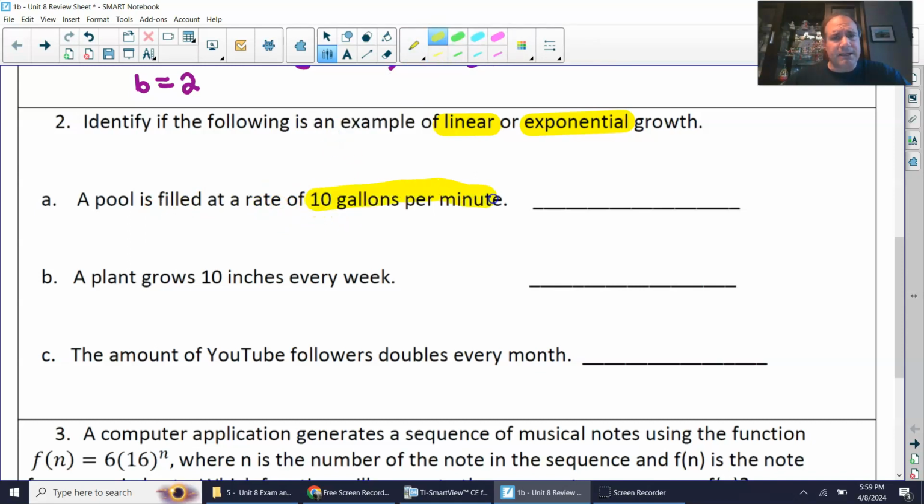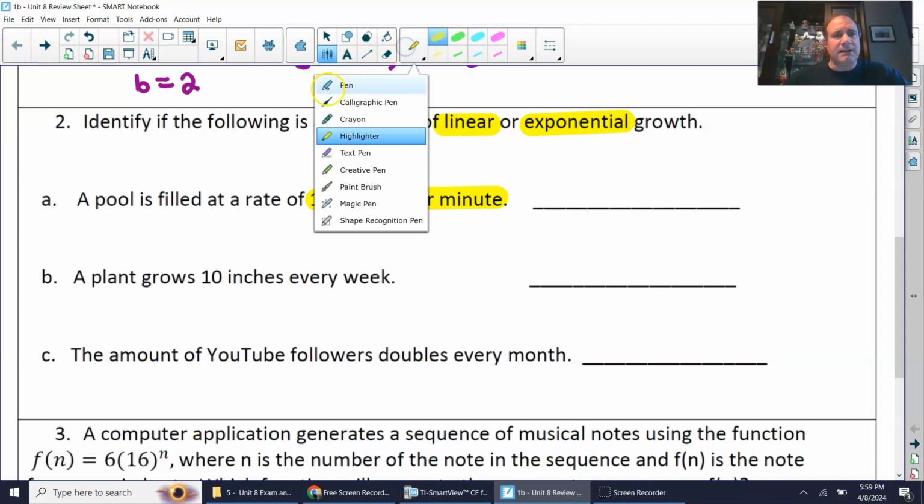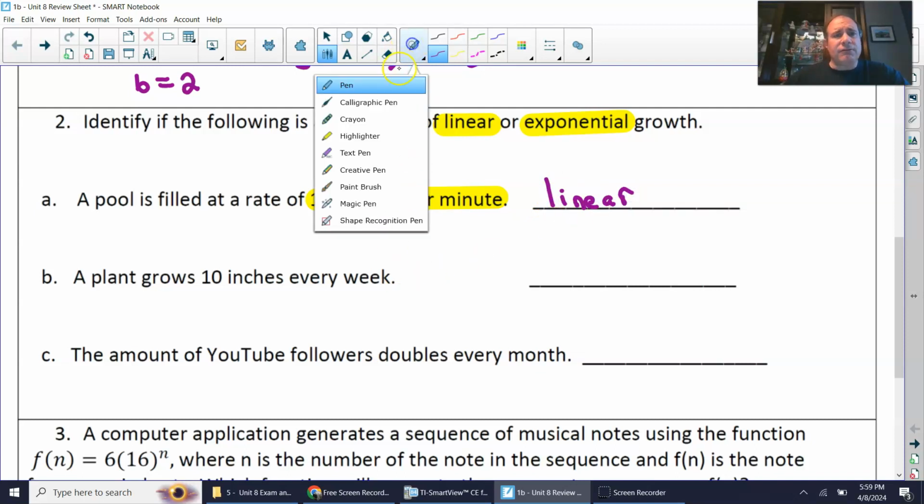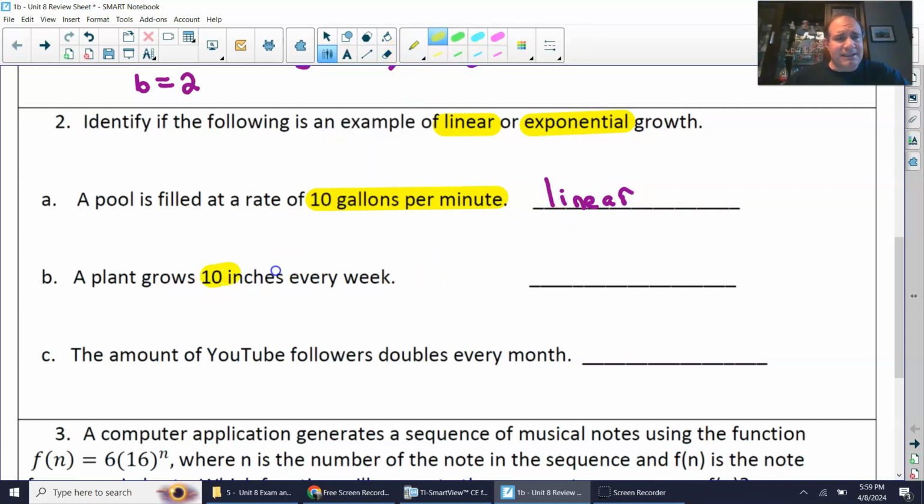The next minute is 10 gallons. The next minute is 10 gallons. This is linear. A plant grows 10 inches every week. Again, a constant rate. So this was constant, and this was constant. So that is linear.